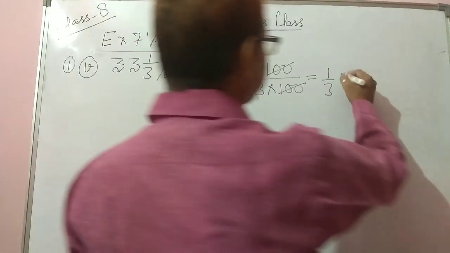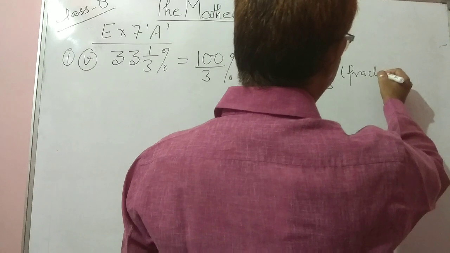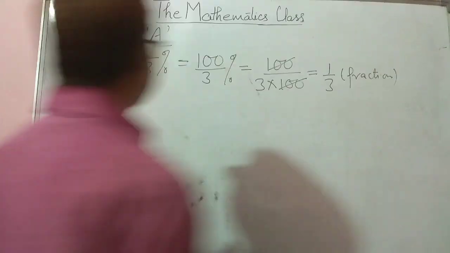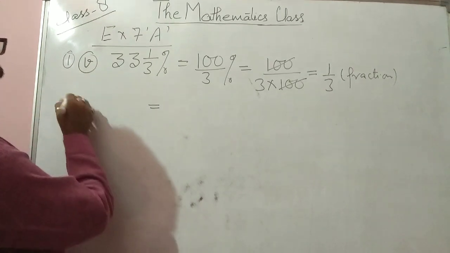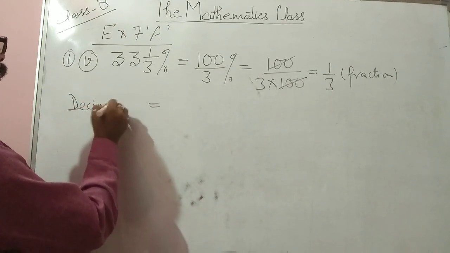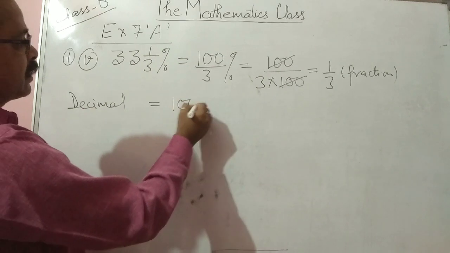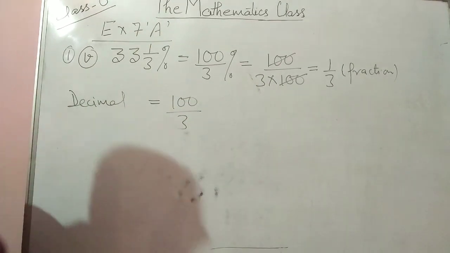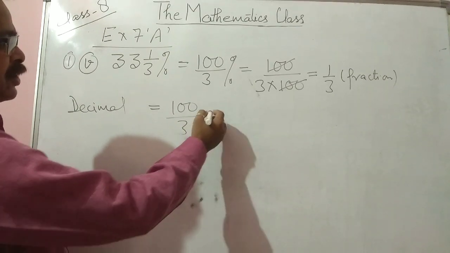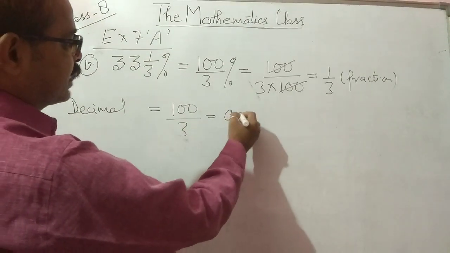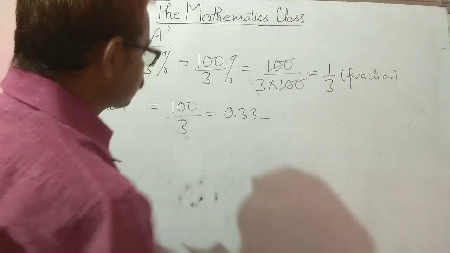This was the fraction form. And now we have to convert it into decimal form. Decimal form means first we write it in the fraction form and then you divide it. 1 upon 3 can be written as 0.33 and so on.